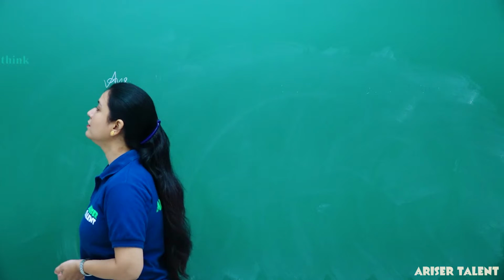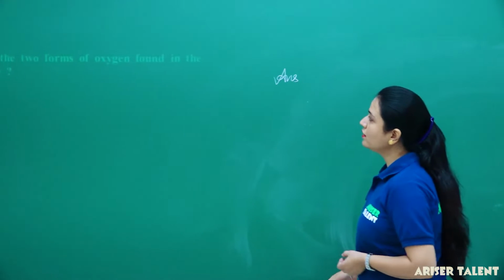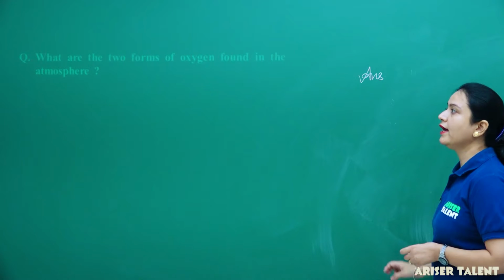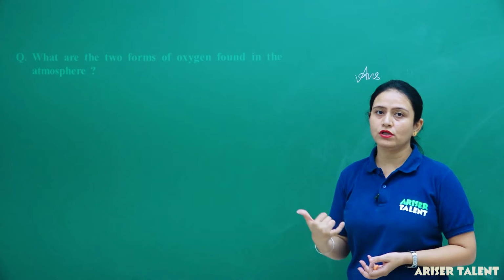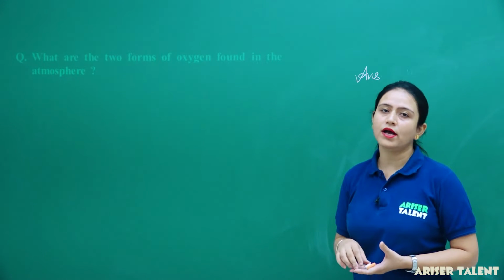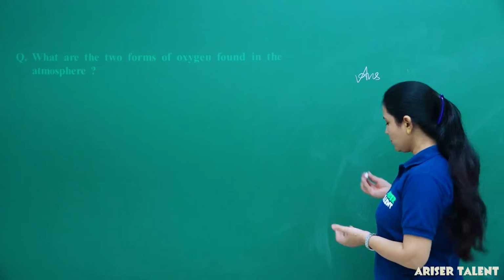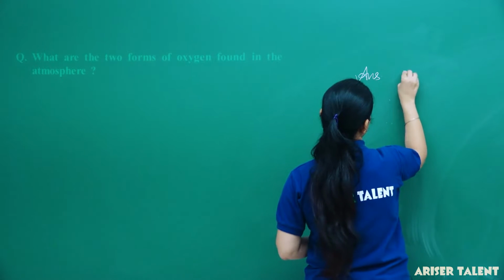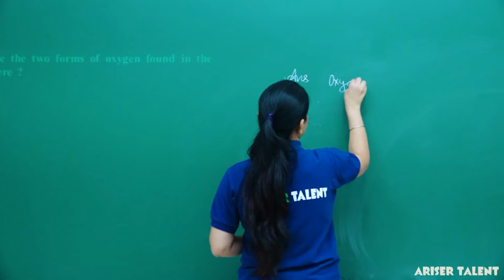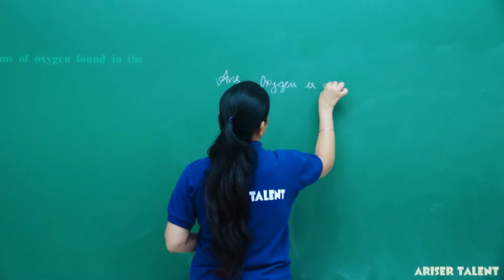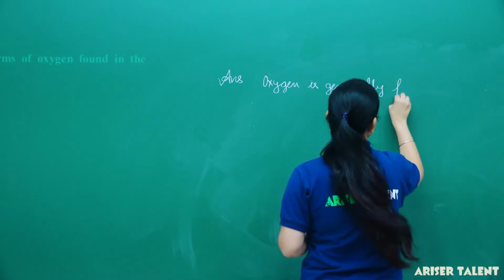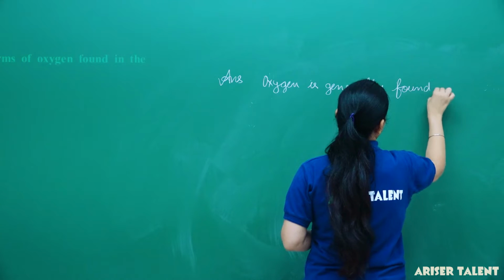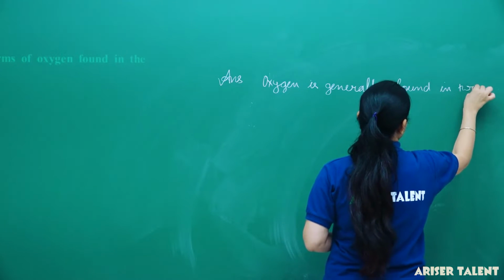Next is: what are the two forms of oxygen found in the atmosphere? We all know that oxygen is generally found in two forms: molecular oxygen, that is O2, and ozone, that is O3. So here we go with the answer. Oxygen is generally found in two forms.